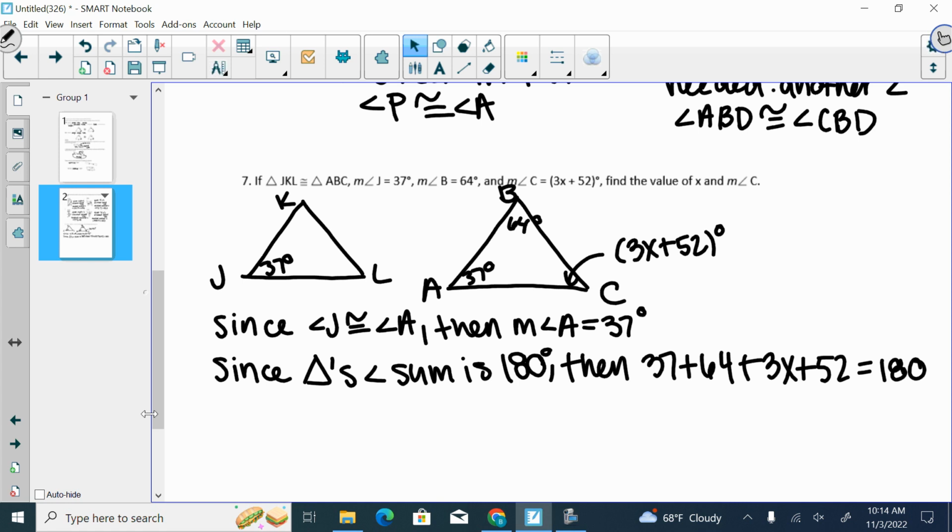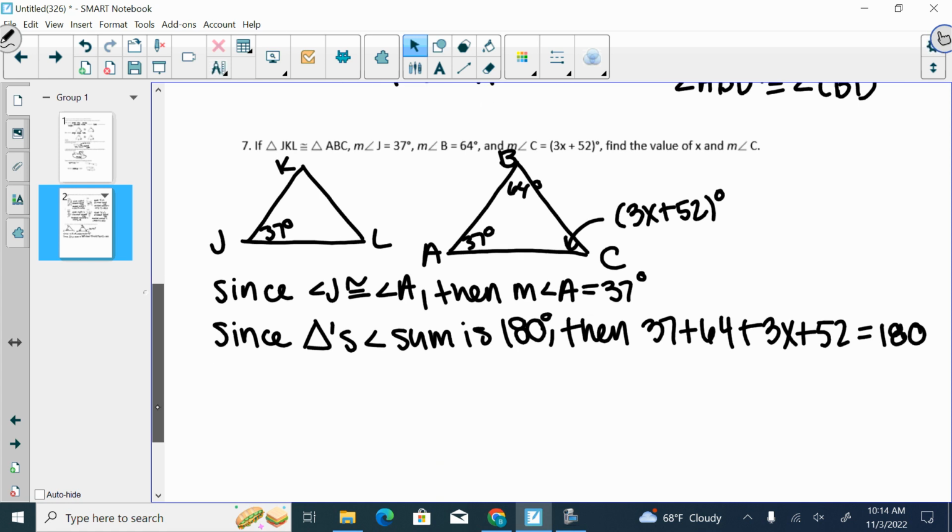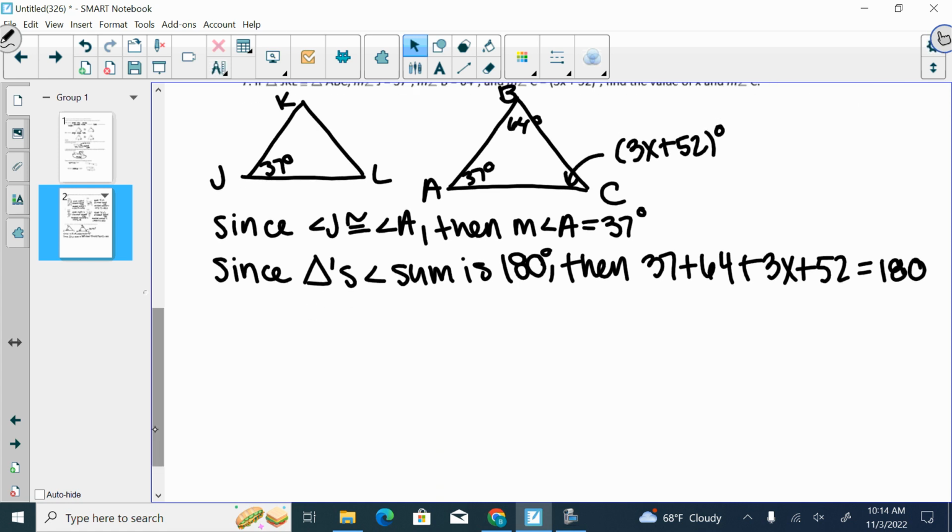All right, so if I'm going to solve that, what do I want to do first? Okay, so I'm going to combine all of my constants, 37, 64, and 52. What's that going to give us? 153.